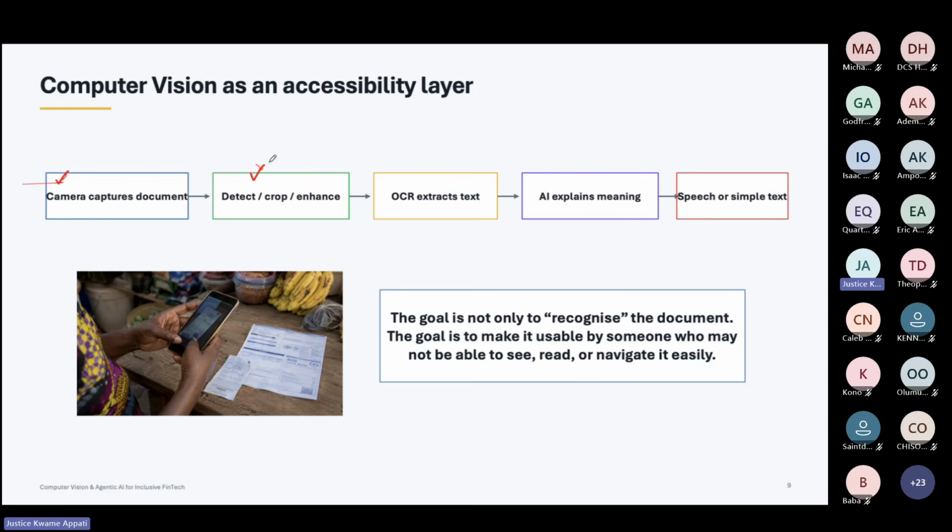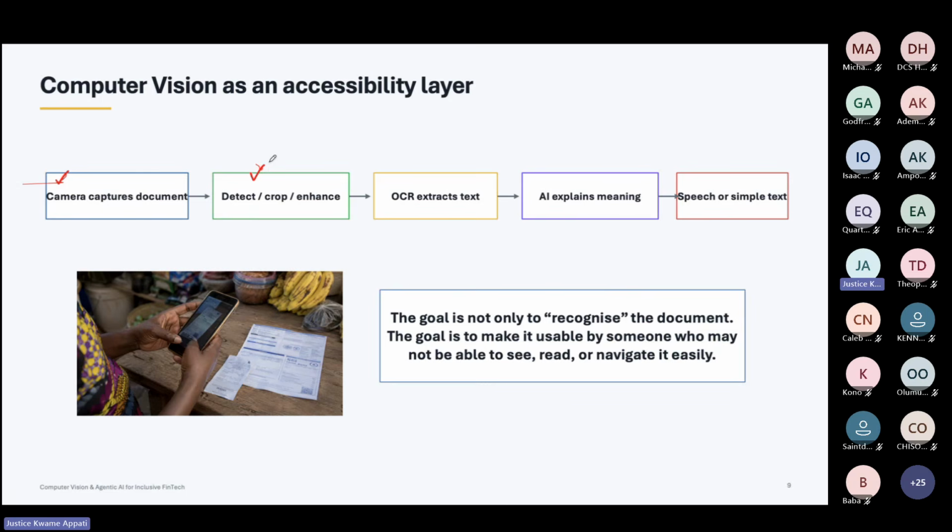And so it checks the quality of your image. If the quality is not as expected, it enhances it. Now you realize that the enhancement bit requires some idea of computer vision to be able to handle that part.